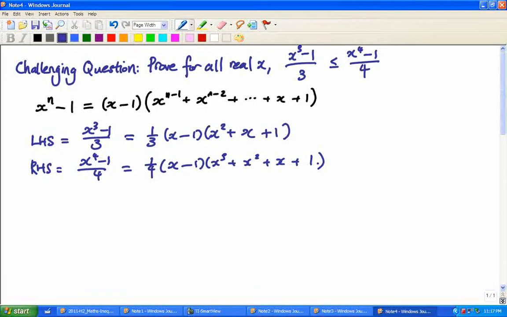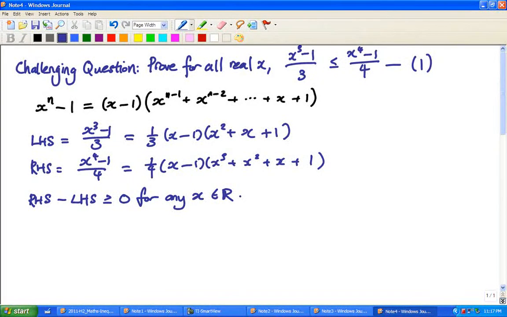Showing inequality 1 is true for any value of x is the same as showing that right hand side minus left hand side is greater or equal to 0 for any real value x.